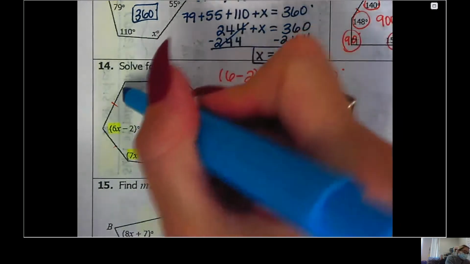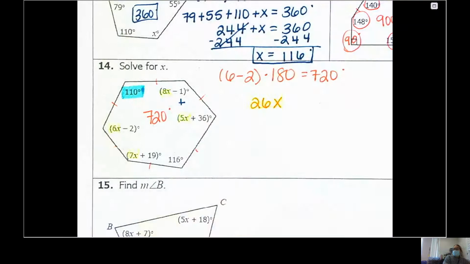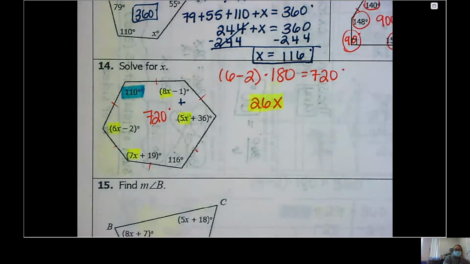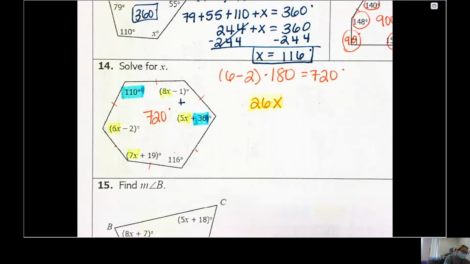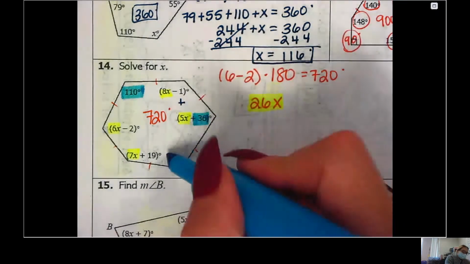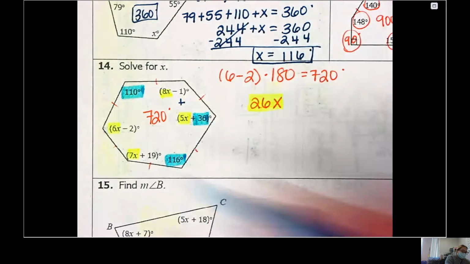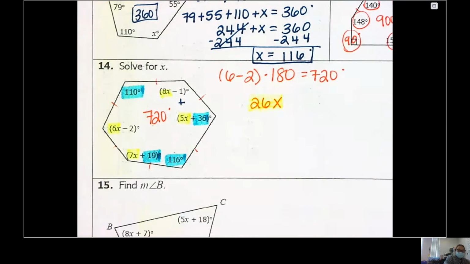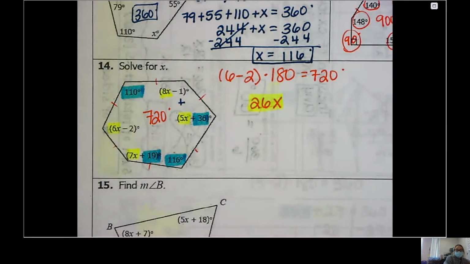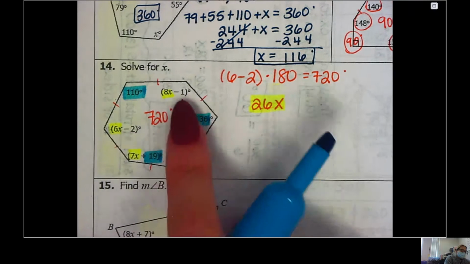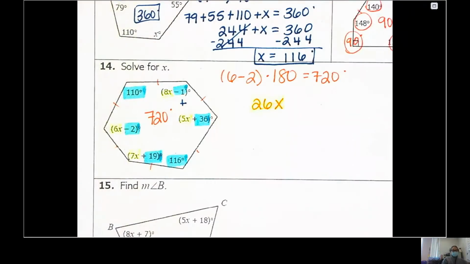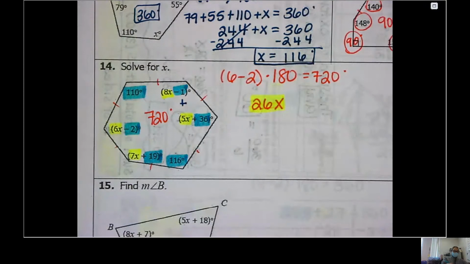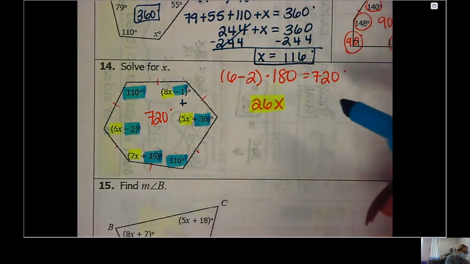In your calculator, 110 plus 36 plus 116 plus 19. All those are positives. And then you're going to subtract 1, 2. Looks like you're going to subtract 3. A -1 and a -2 gives you -3. You put all those numbers together. What do you get?